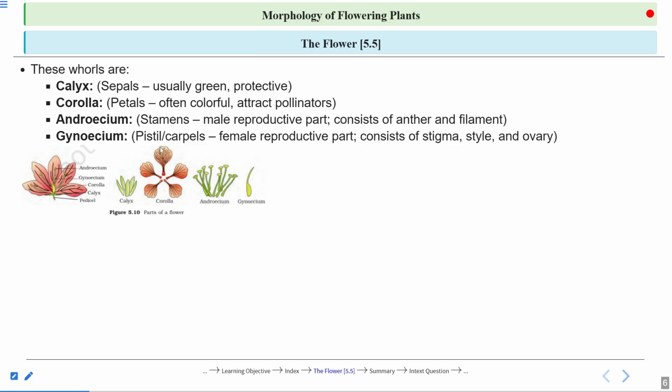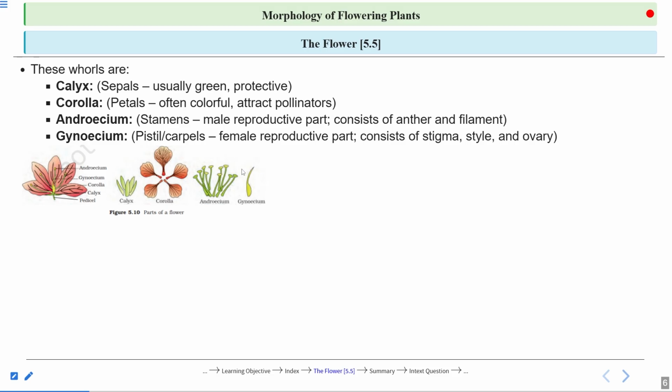Pistil and carpels. There can be only one pistil or carpel, but there can be more also. So unitedly, all the pistils or carpels are called as gynoecium. This gynoecium is the female reproductive part, and it has three different parts.